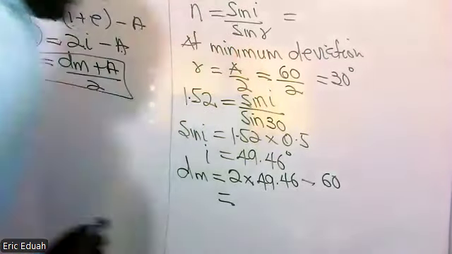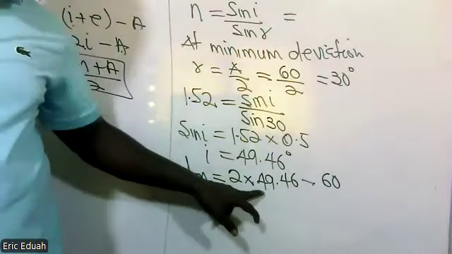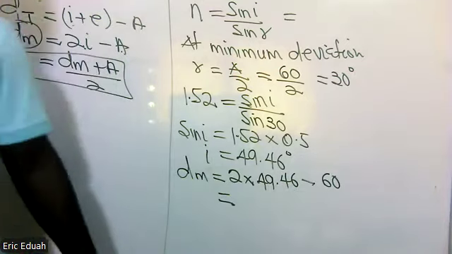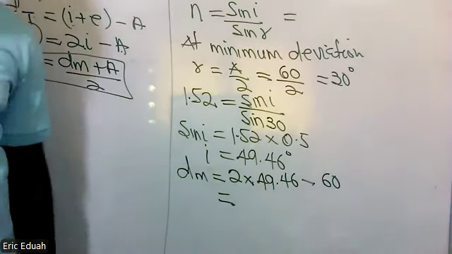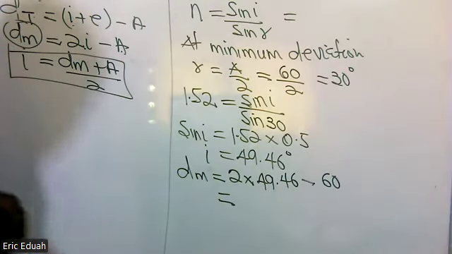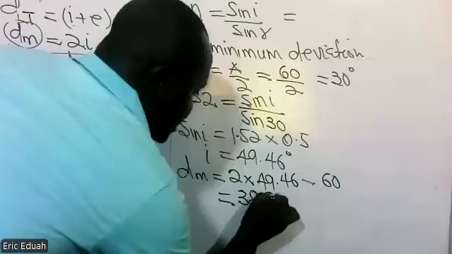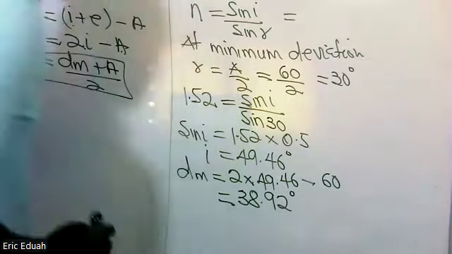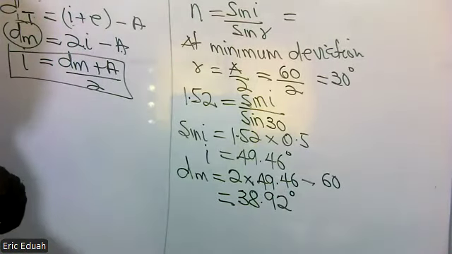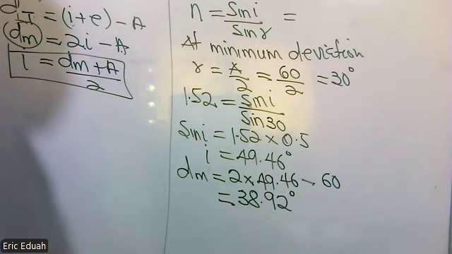So please calculate this for me. 2 times 49.46 minus 60. You get 38.92 degrees. So that will be the minimum deviation of the prism.